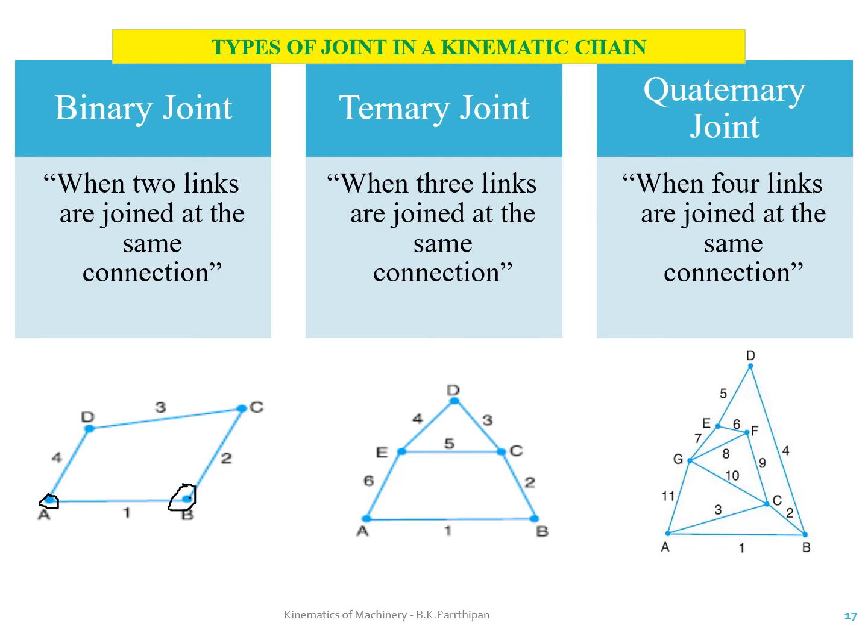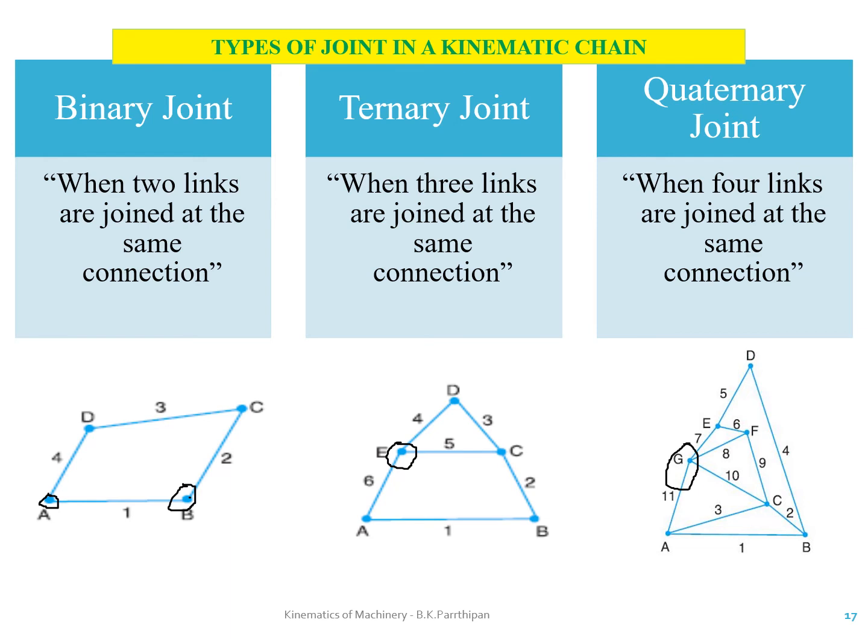In a ternary joint, 3 links are connected at one point. Here at the point E, 3 links are connected: link number 4, link number 5 and link number 6. So it is known as a ternary joint. Similarly, a quaternary joint means 4 links are connected at the same point. Let us consider this point G, which has 4 links: link number 7, 8, 10 and 11.